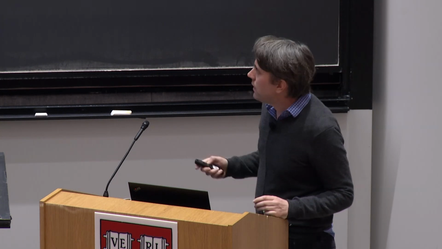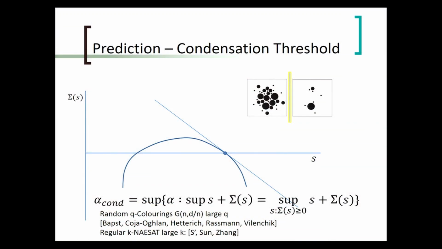Okay, so just to summarize, you can write down a formula for the condensation threshold. This has been proved in the case of Q-colorings on random graphs when Q is large, and also in the regular NAE-SAT model.